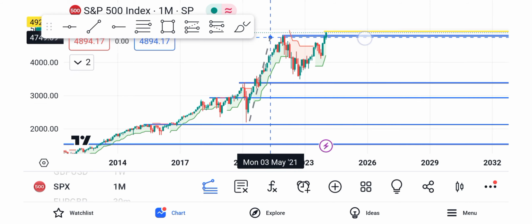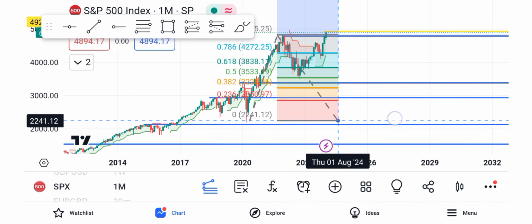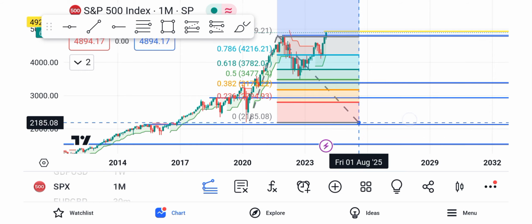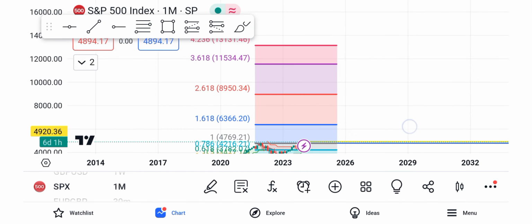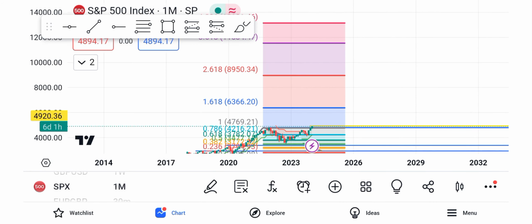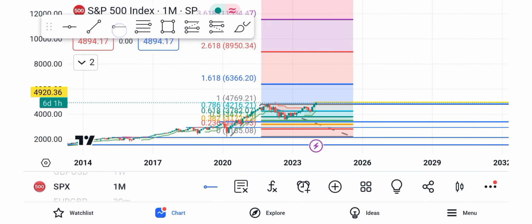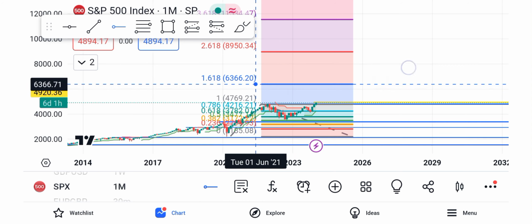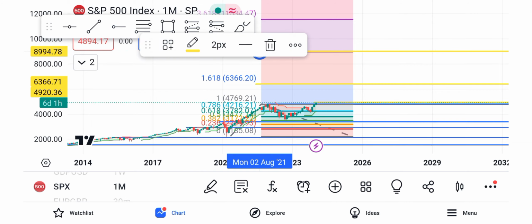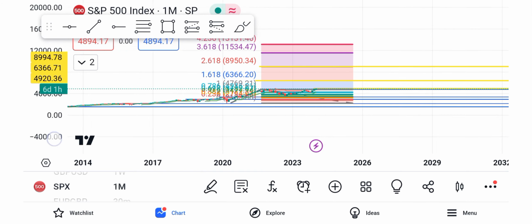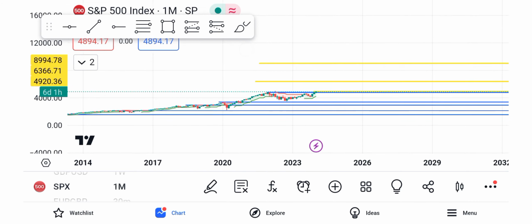From there up to this level and back down to this level. Okay, so having respected the level, these are possible levels, right? We can take this as the first level on the fib extension, this as the second level on the next fib extension, right? And then the third level is a little bit far-fetched, so let's leave that alone for now.